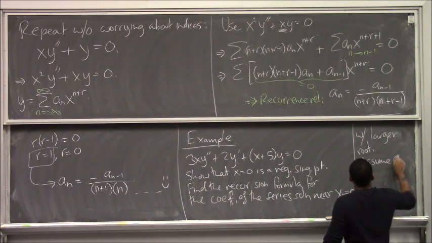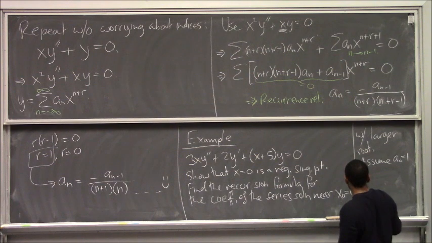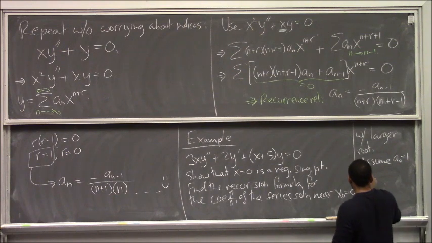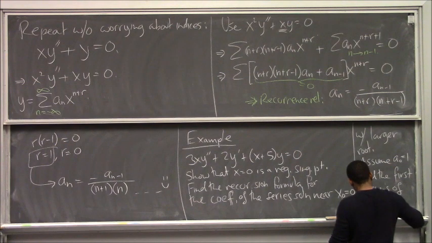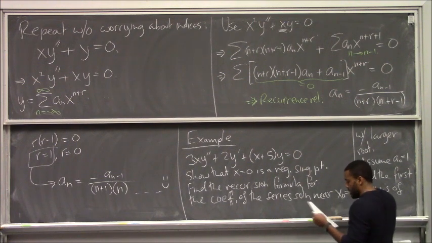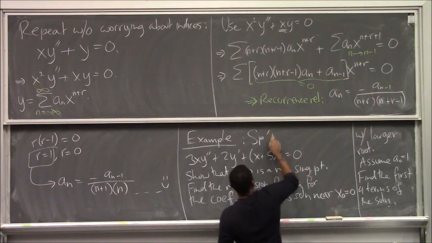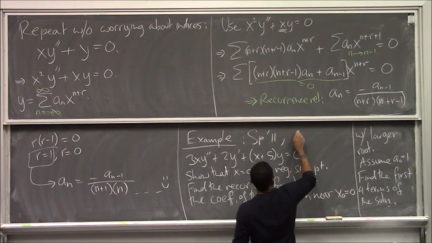Assume a0 equals 1. Find the first four terms of the solution. I think this was actually from an old final. This is from spring 2011, problem 9.